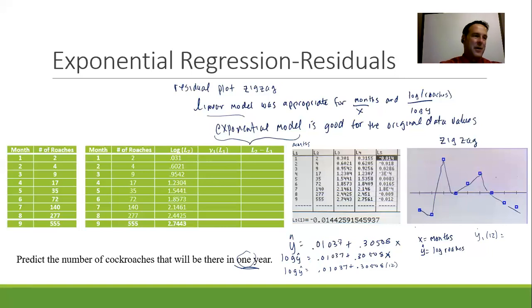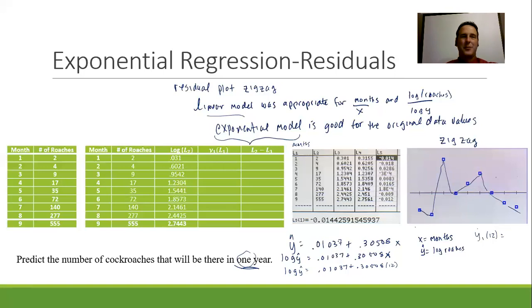Now I have this stored in y1, I believe. So when I do this, let's see, I'm going to just plug it in. 0.01037 plus, mine wasn't working.